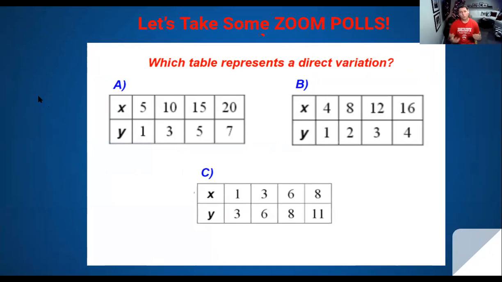We compared y over x from 2 points from each table. So with your eyes, maybe you could do a quick comparison of y over x and see if any of these tables have proportional or direct variation. Make your choice. You've got about 10 more seconds. Then we're going to go to the final question.